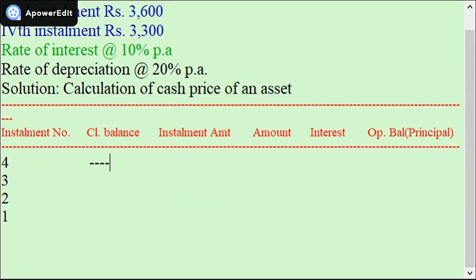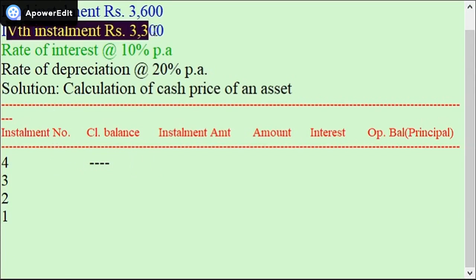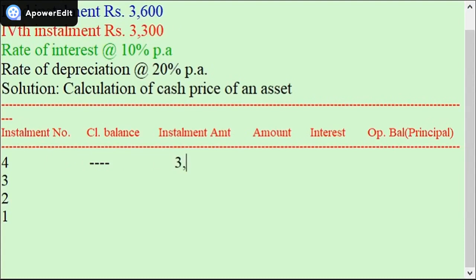The closing balance will be nil. And the fourth installment which he is paying is 3,300.